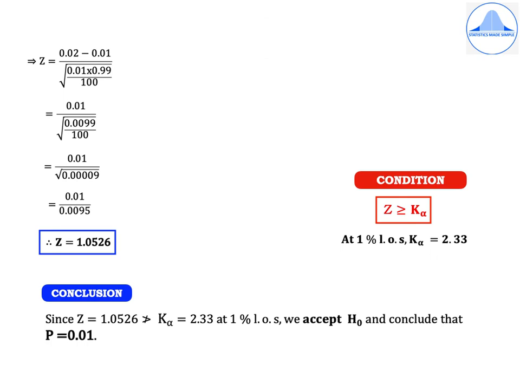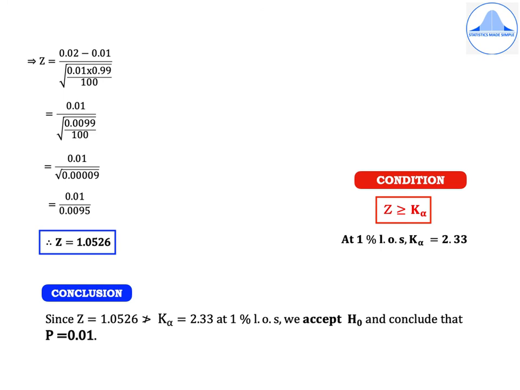So which implies Z is equal to 0.02 minus 0.01 by root of 0.01 into 0.99 by 100, which is equal to 0.01 divided by root of 0.0099 by 100, which is equal to 0.01 divided by root of 0.0000 9. You have 4 zeros and 9.